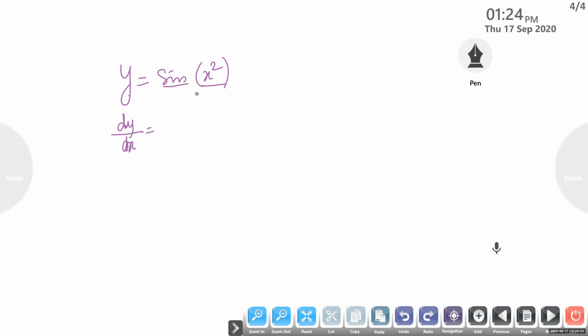You take the first function. What is the main function here? Sine x. What is the derivative of sine x? Cos x. So the derivative of sine of x square is cos of x square. In the place of x, whatever you have, the same thing you write there. Cos of x square into the derivative of the inner function.